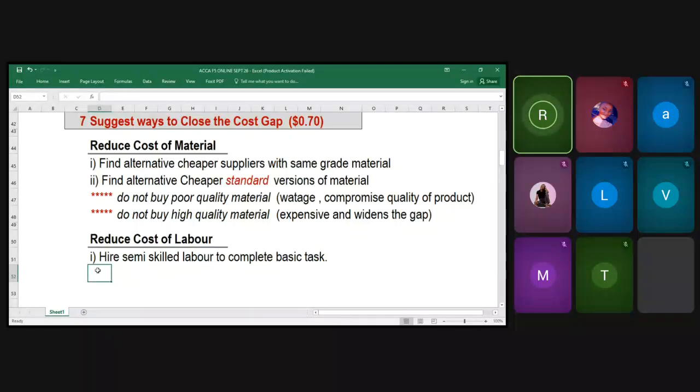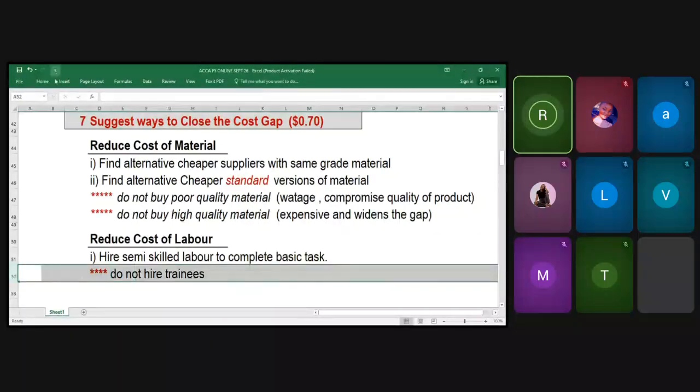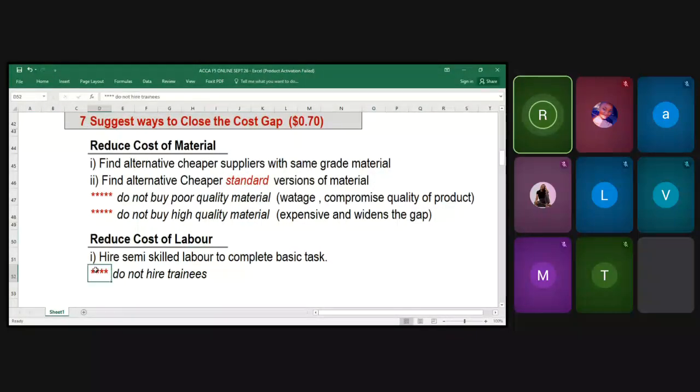But well, someone would ask, why not consider trainees? We are saying, do not hire trainees. Why is it not recommended for you guys? You are the owners of the organization. For you to hire trainees in order to close the cost gap, why are trainees not required there?